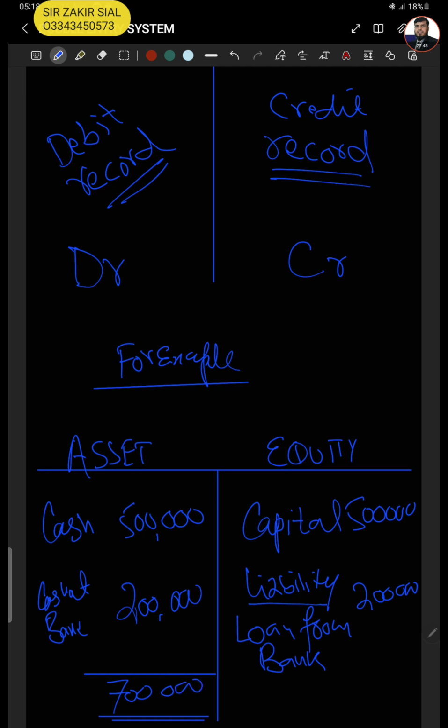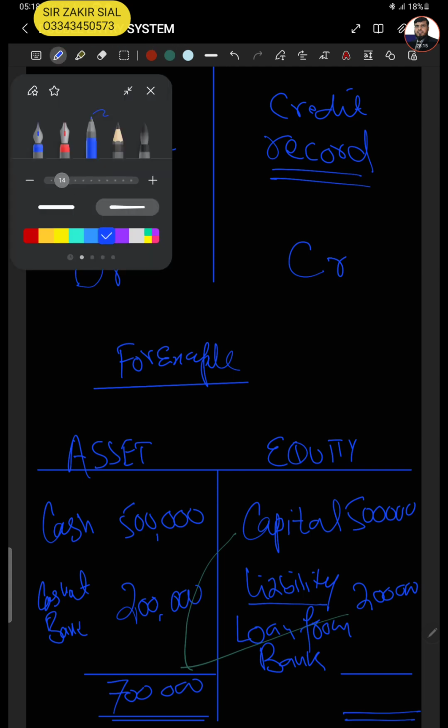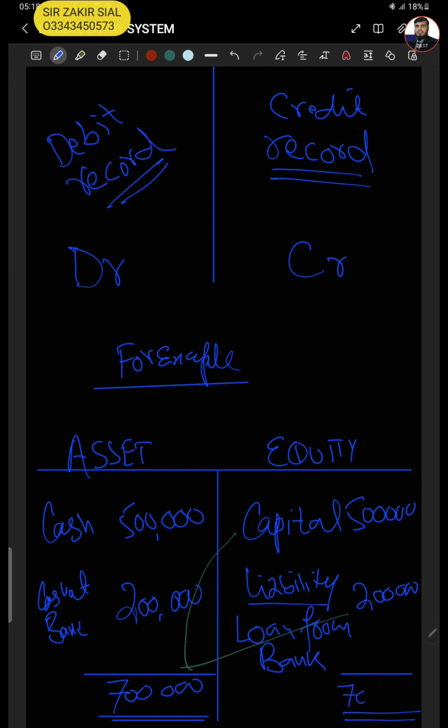And what is the explanation of these 700,000? 500,000 is the capital which is invested by the owner, and 200,000 is the liability which is payable to the outsiders, to the bank. So total is equal to 700,000.